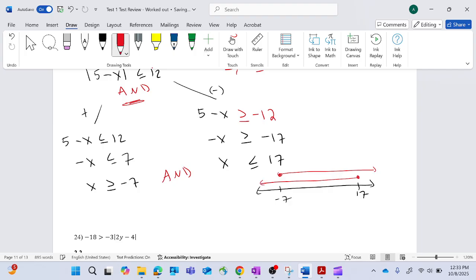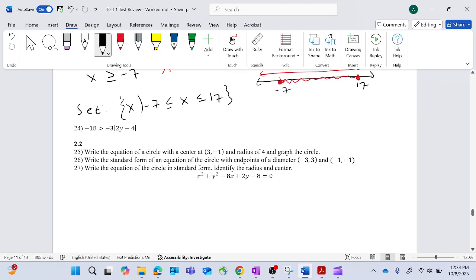Right? So this is kind of like my rough draft right here. And my final answer will be where they overlap, which is right in the middle. So my answer is x is going to be greater than or equal to negative 7, less than or equal to 17. We can put this in set notation like that. That's set.